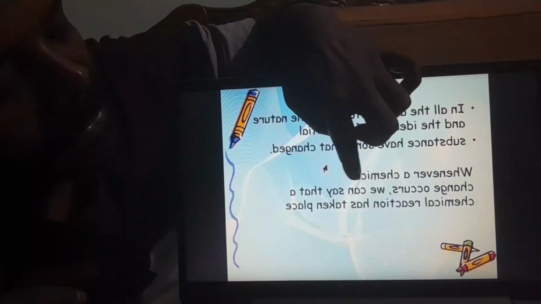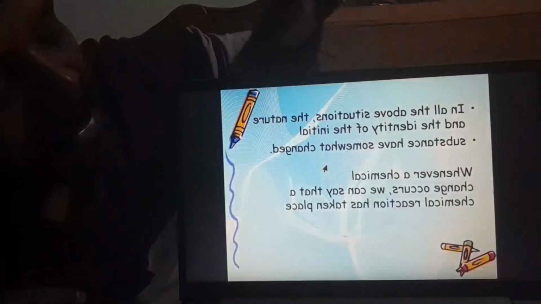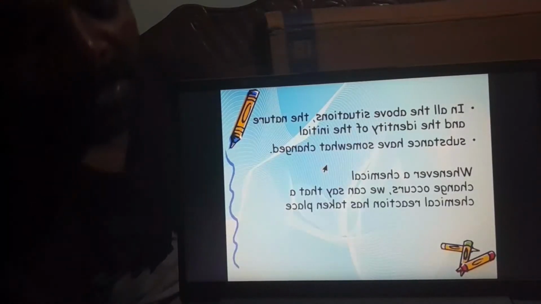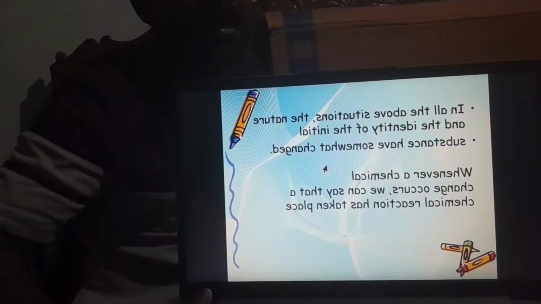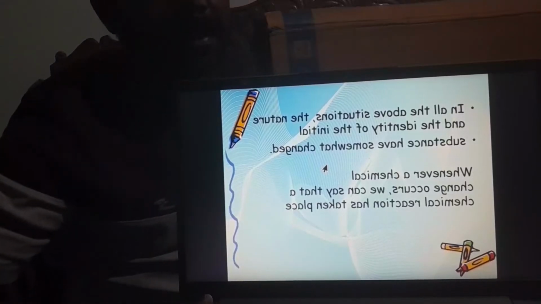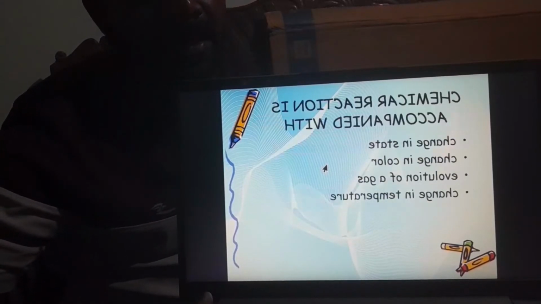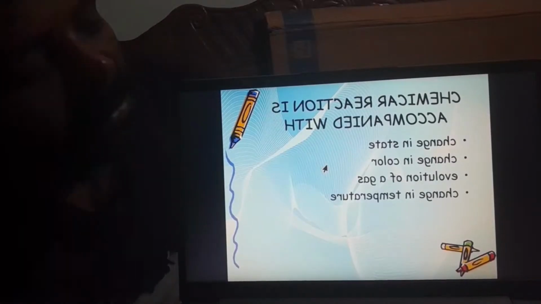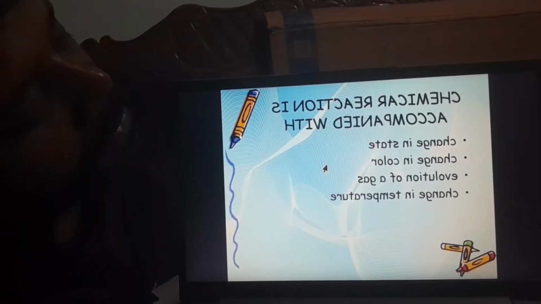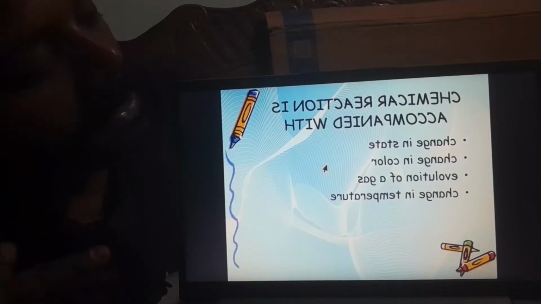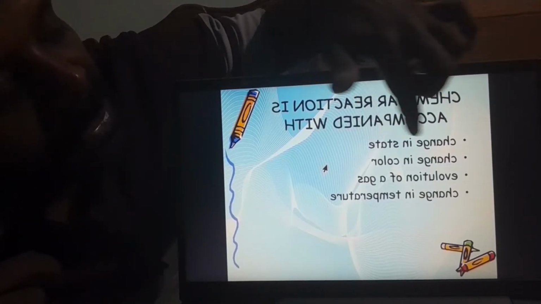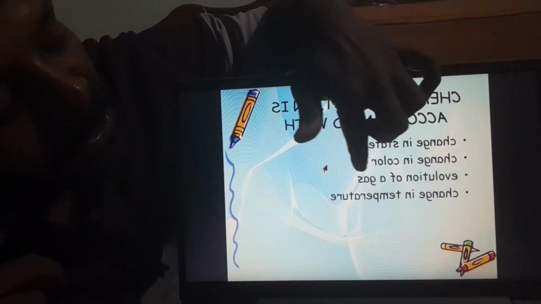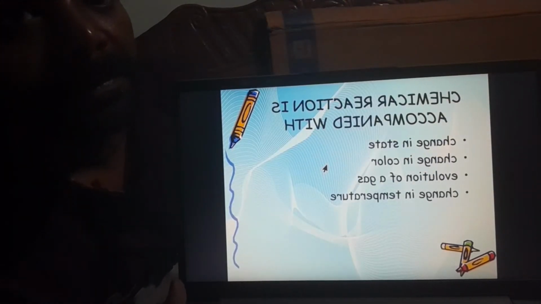So whenever a chemical change occurs, we can say that a chemical reaction has taken place. Chemical reactions are accompanied by, as we already discussed, change in state, change in color, evolution of a gas, and change in temperature.